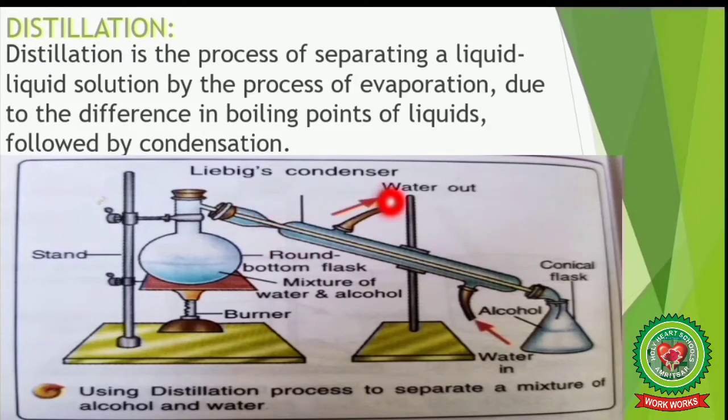Due to that cold water, the vapors get converted into liquid by condensation, and that liquid is collected in this conical flask, also known as the receiving flask. In this way, one liquid gets collected in the receiving flask and one liquid remains in the round bottom flask. In this way, we can separate a mixture of two miscible liquids.